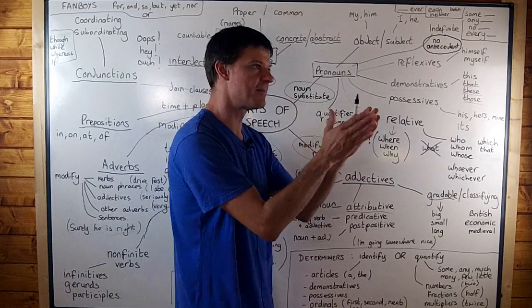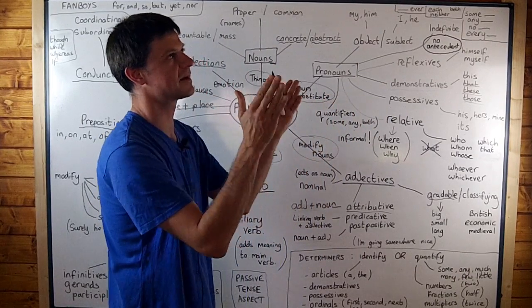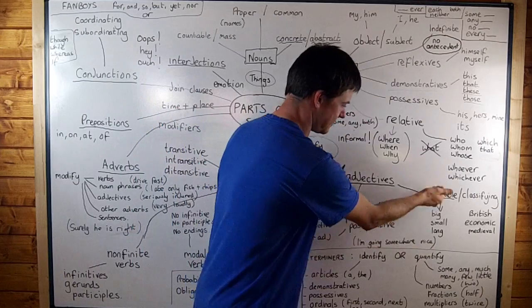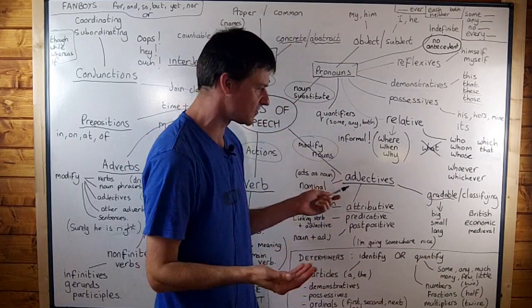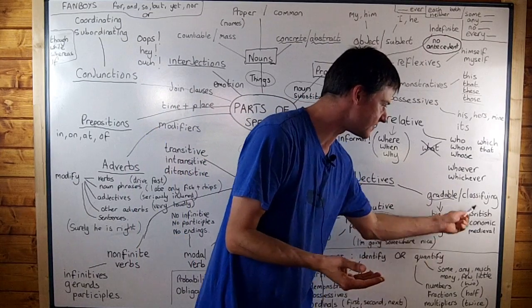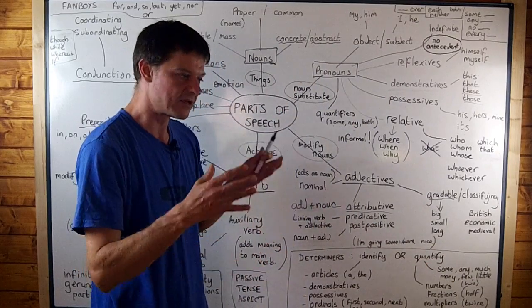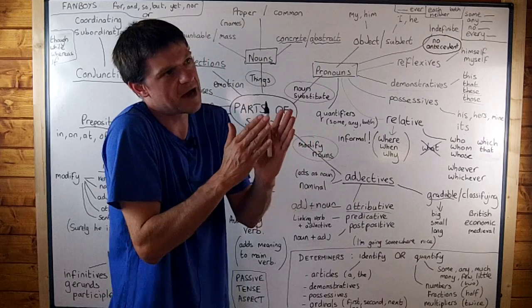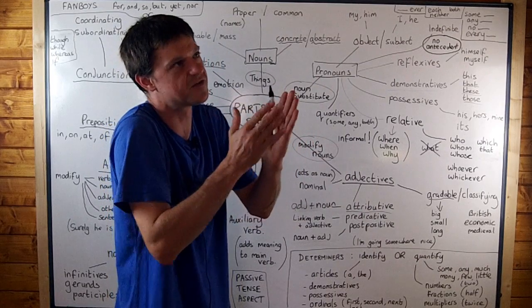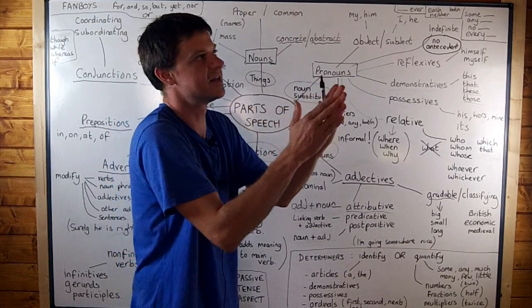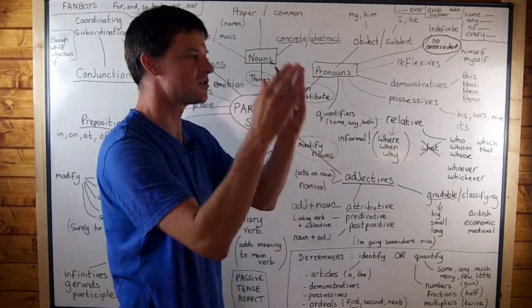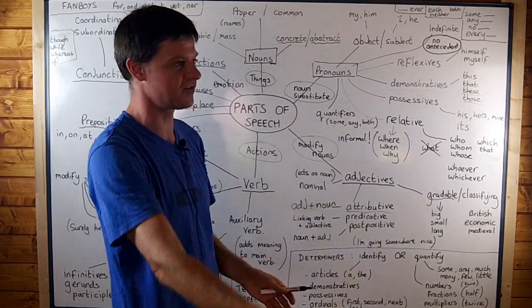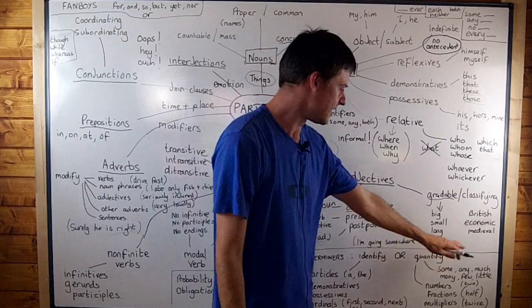You could use the word very with gradable adjectives. You couldn't use the word very with any of these classifying adjectives because they're just absolute. They classify. They don't tell you how big, or they don't quantify in the sense of saying that this is big but this is bigger. They just classify and say this is British, he is American, he is French.